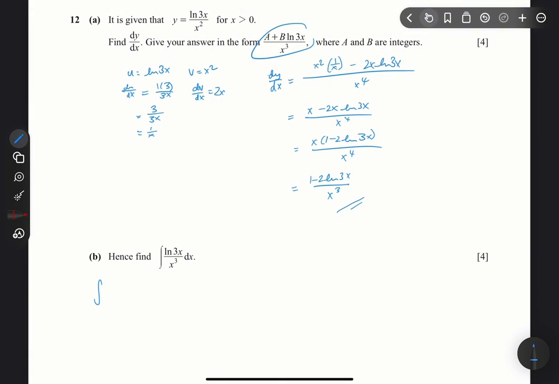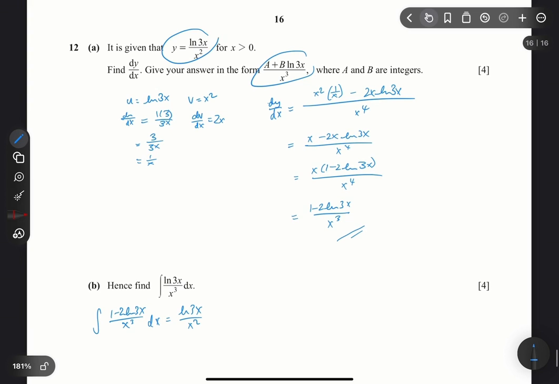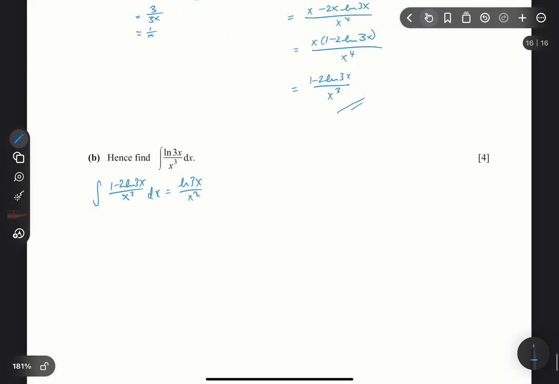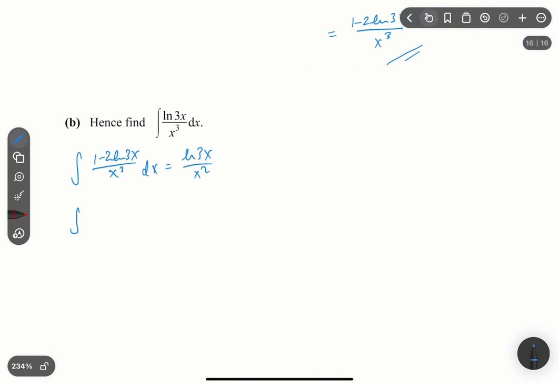So if you integrate the answer, you will be getting ln 3x over x squared, which is this equation. So now that you have this equation, you can rearrange and by splitting it that way.